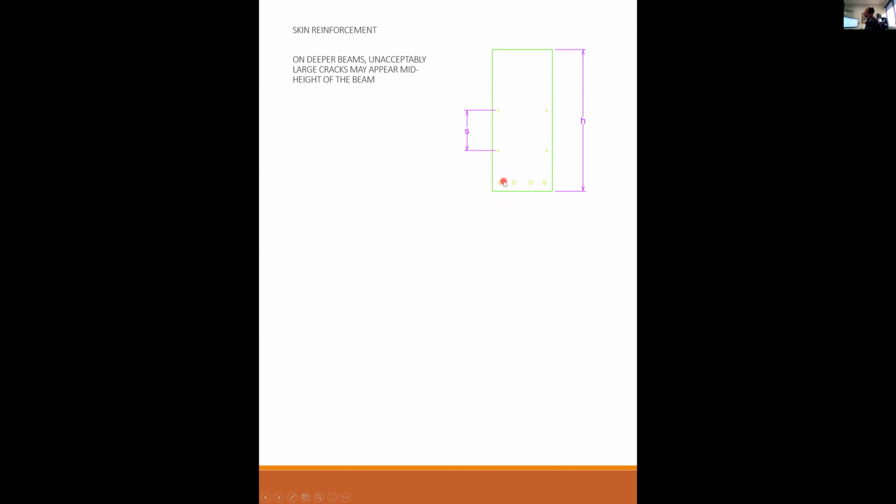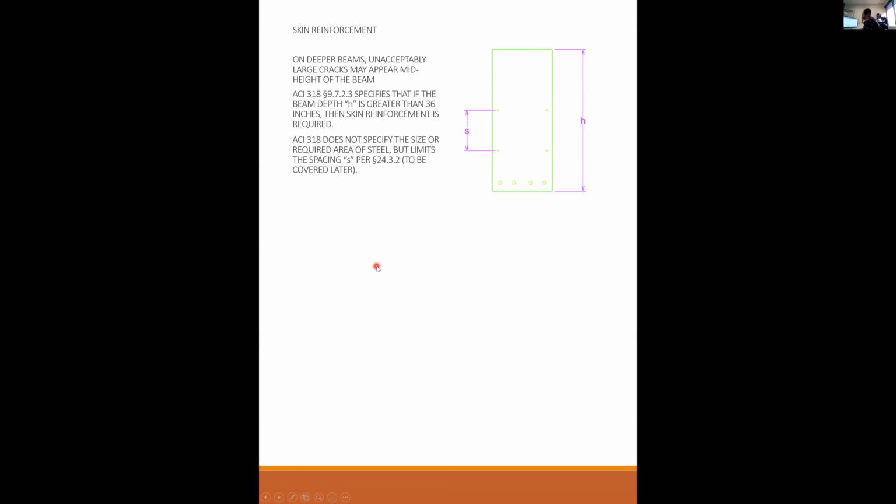So the code requires that you put a minimum amount of steel on the sides of the beam to help staple it and keep the cracks acceptable. So what the code says in section 9.7.2.3 is that if the beam depth, the whole depth here, is 36 inches or greater, then you have to provide skin reinforcement.